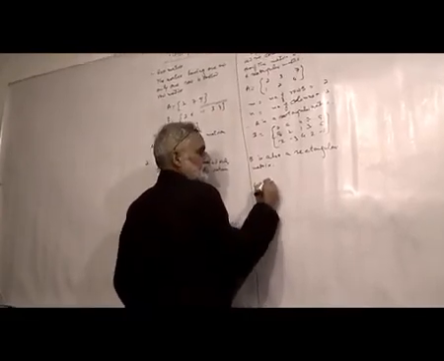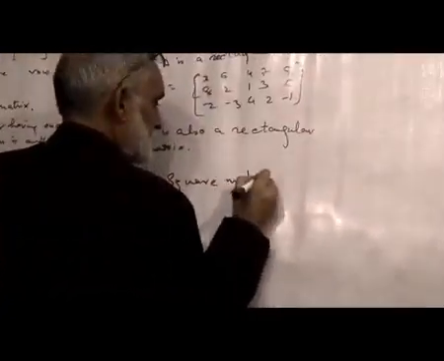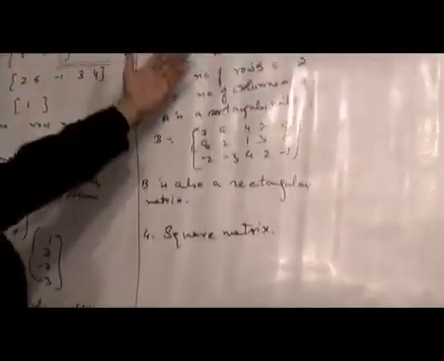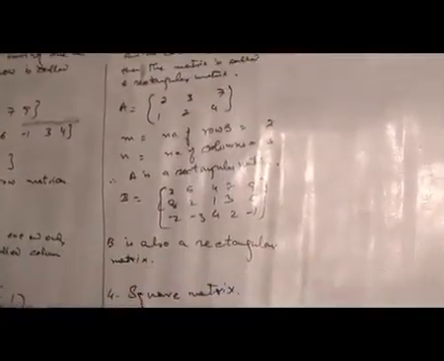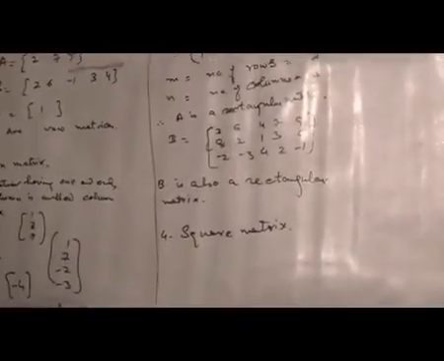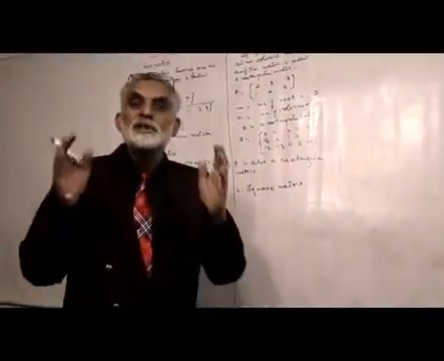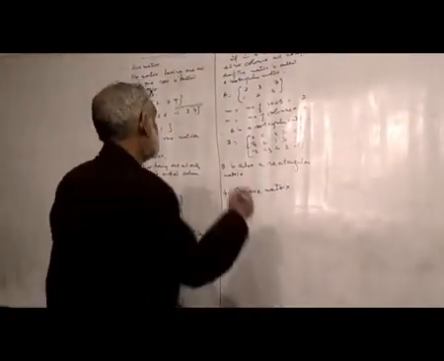Next comes square matrix. Likewise, if a matrix doesn't have an equal number of rows and columns, it is rectangular. And if it has the number of columns and number of rows equal, then it is called a square matrix.